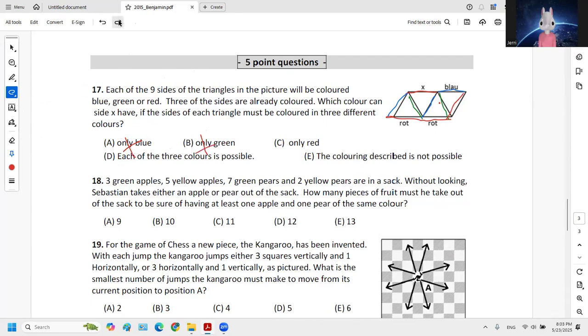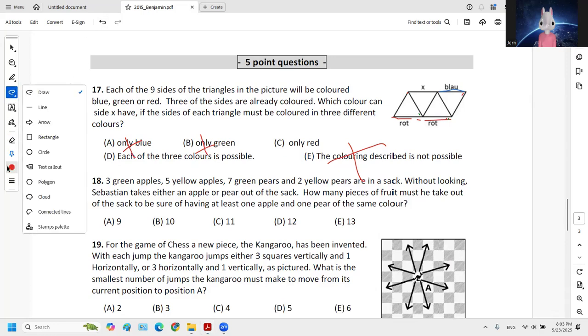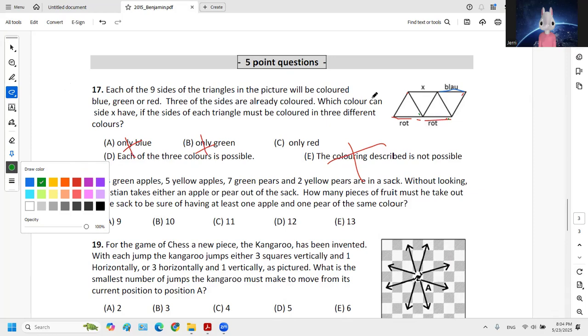Now if X was green, then this could be green, and this also could be green.